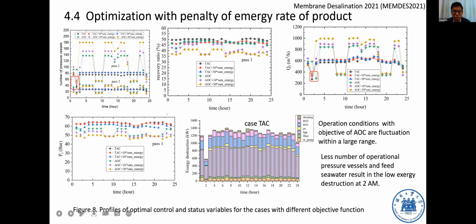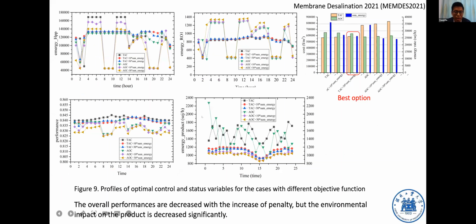And we also compare the different variation trends of the emergency rate of the product. We found that the overall performance decreases with the increase of the penalty function, but the environmental impact of the product is decreased significantly.